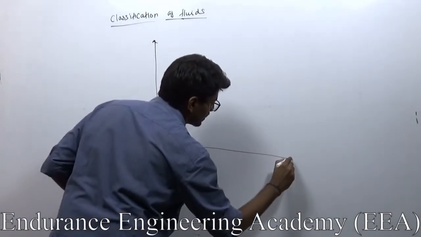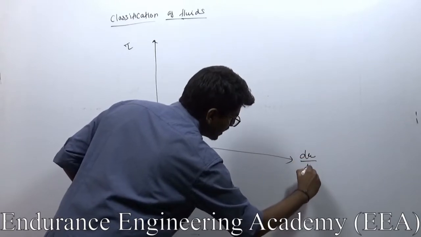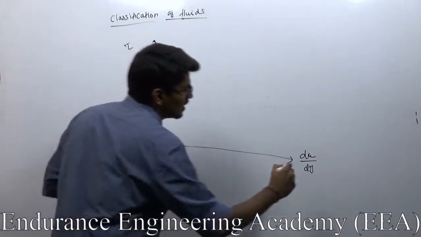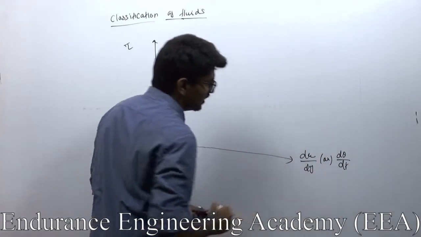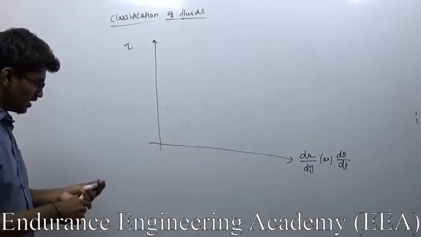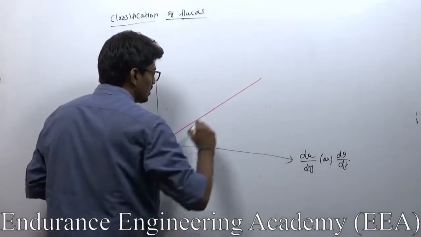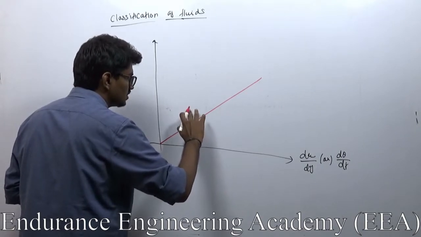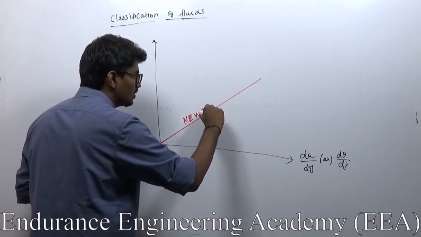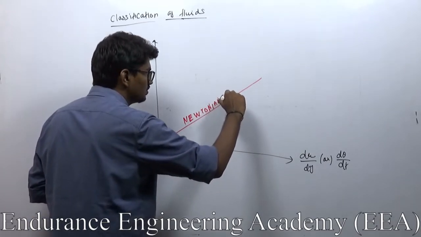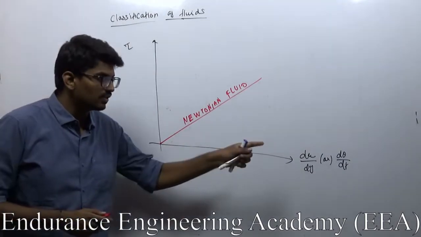So if I plot tau versus du by dy, or d theta by dt, both are the same, in a single graph, first is the Newtonian fluid, where viscosity is not going to change with respect to deformation.